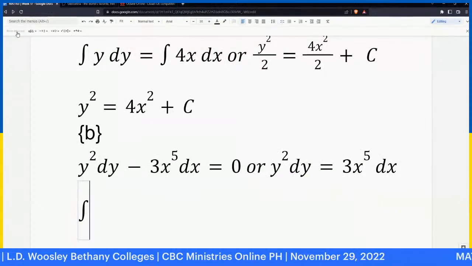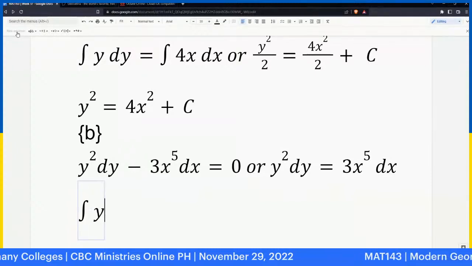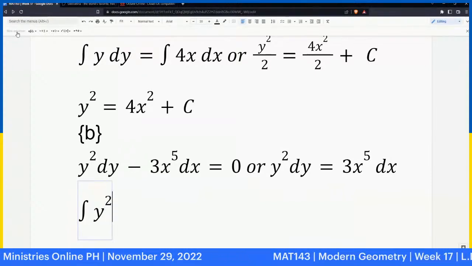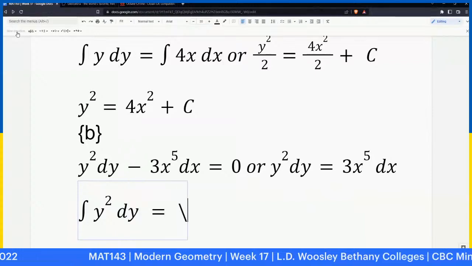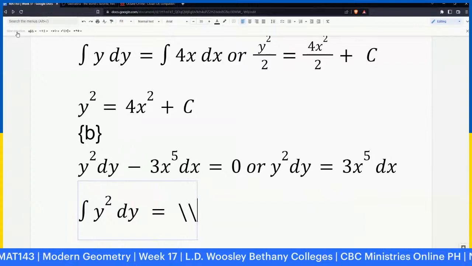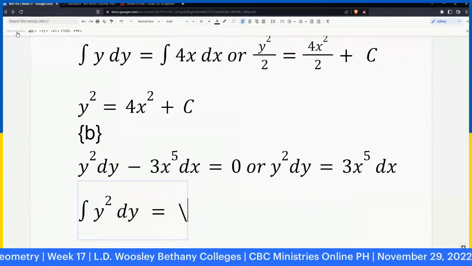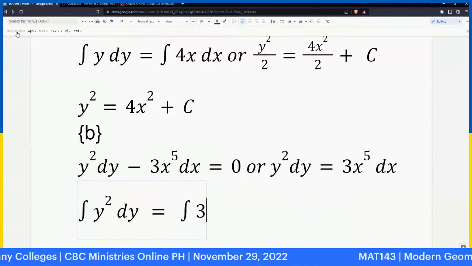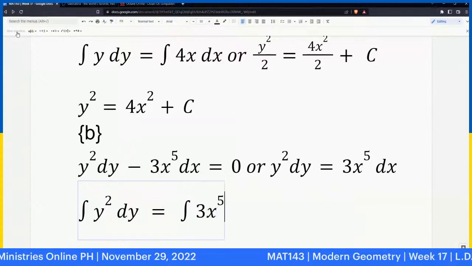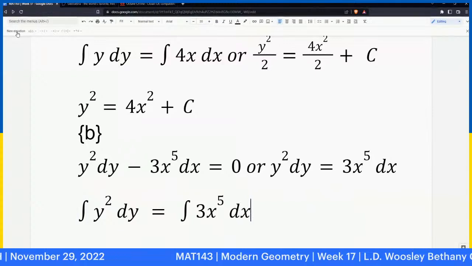The integral of y squared is equal to the integral of 3x to the 5th dx. Okay, tell me your answer.